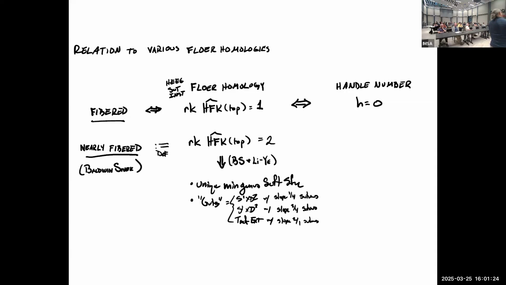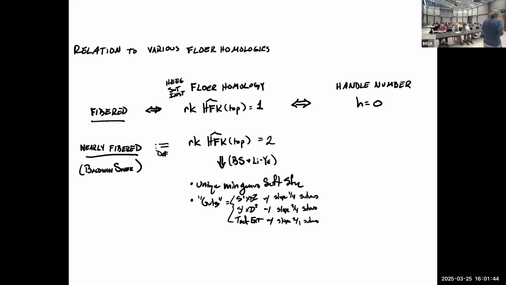So a year or two ago, I guess, maybe recently, Baldwin and Sivek looked at this idea that they called nearly fibered. So they defined a knot or a link to be nearly fibered if the top rank was 2, just 1 more.